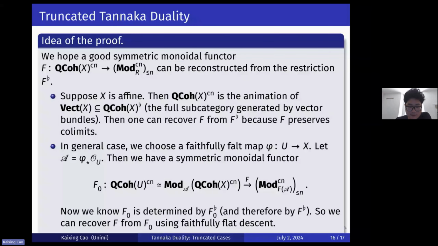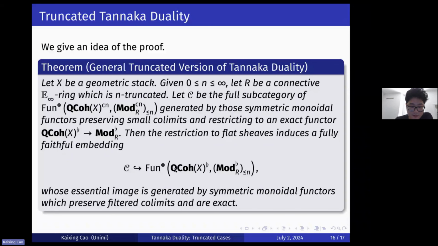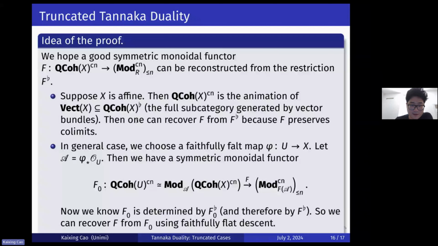But note that the connected part is the animation of the vector bundles on X, which lies in the flat objects. So if we know the values of the functors on flat objects, and by this fact, the connected part is the animation of the vector bundles.